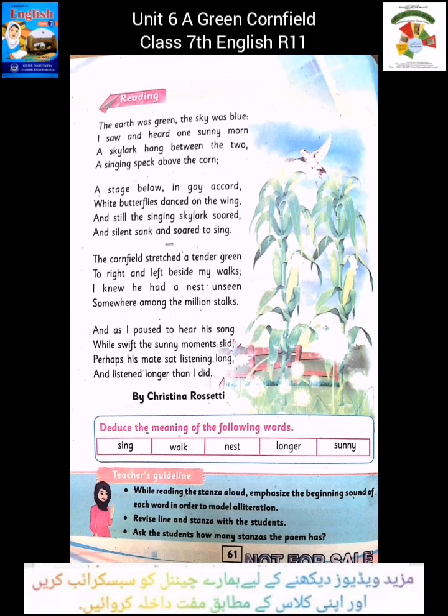She imagined that perhaps the skylark had a mate or a companion who is waiting and who sat longer than her and listened to the skylark's song even after she had gone. Means the poet thinks that when I have gone back, even the skylark's companion or mate is still listening to his song.